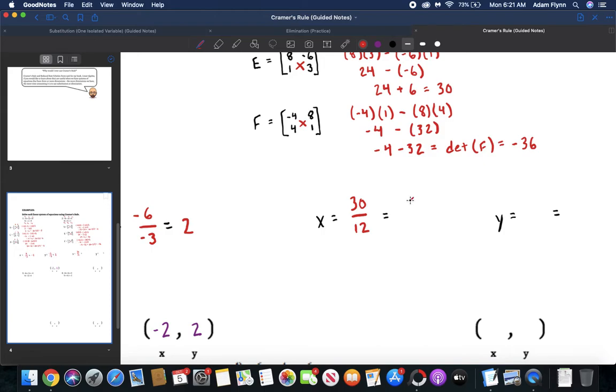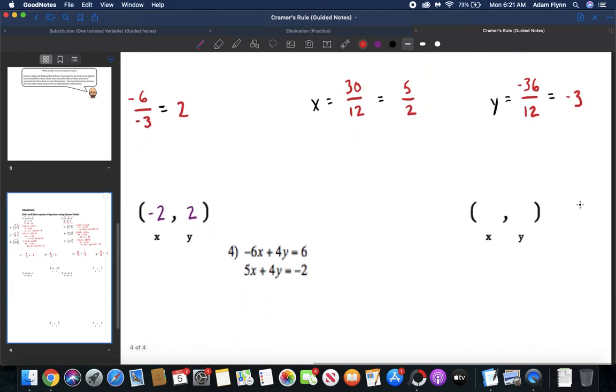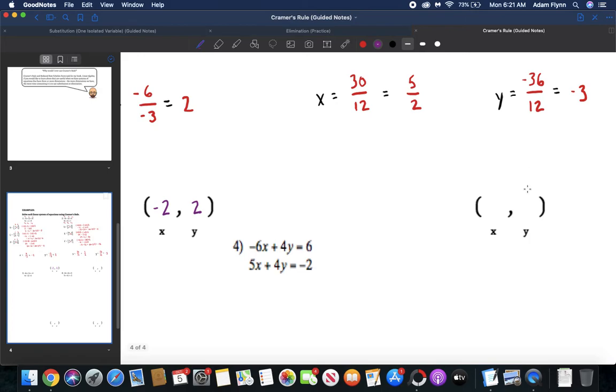So if we simplify that, divide both of them by 6, we'll get 5 and we'll get 2. So we get 5 halves. And then for Y, we'll have negative 36 divided by 12. And negative 36 divided by 12 is going to be negative 3. So these two lines are going to cross at the point 5 over 2, which is 2.5, and negative 3 on the y. That's the solution to our system of equations.